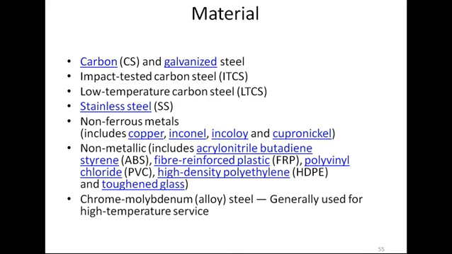Non-ferrous metals include copper and Inconel. Non-metallic materials include acrylonitrile butadiene styrene, ABS, fiber reinforced plastic, FRP, polyvinyl chloride, PVC, high density polyethylene, HDPE, and toughened glass. Then chrome molybdenum alloy steel is generally used for high temperature service. So these are the materials we have seen.